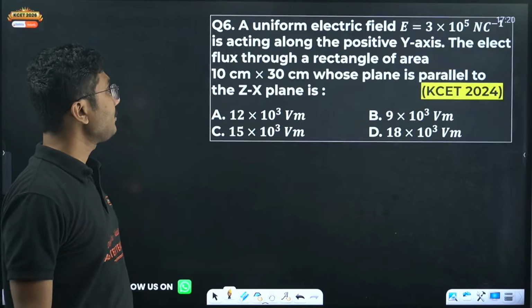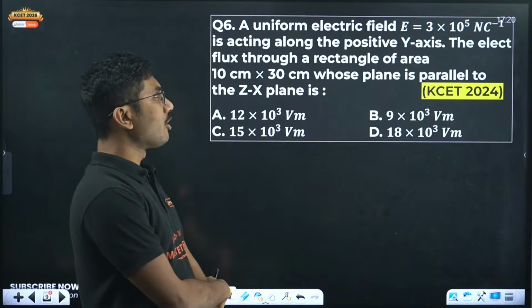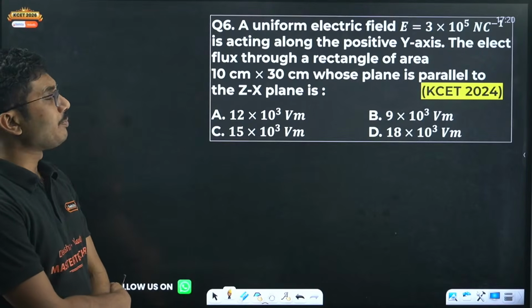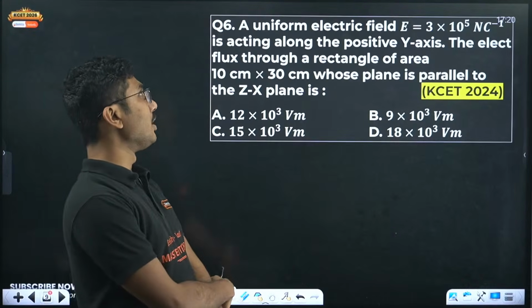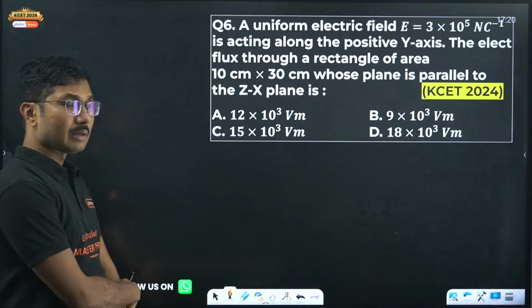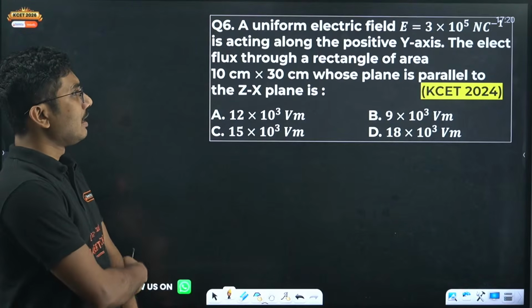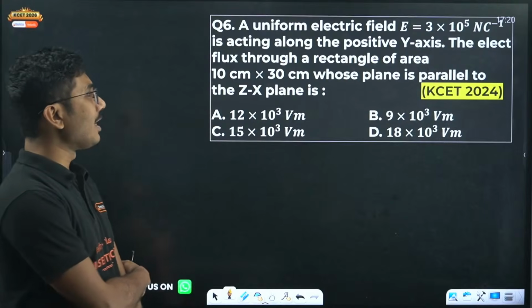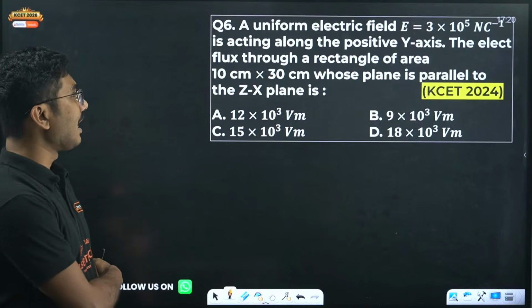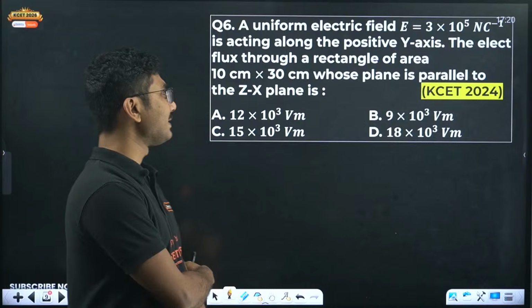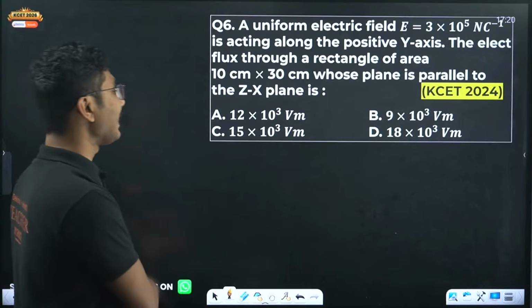Now next question. A uniform electric field E equals 3 into 10 to the power of 5 Newton per coulomb is acting along the positive y axis. The electric flux through a rectangle of area 10 centimeter into 30 centimeter whose plane is parallel to the zx plane is.